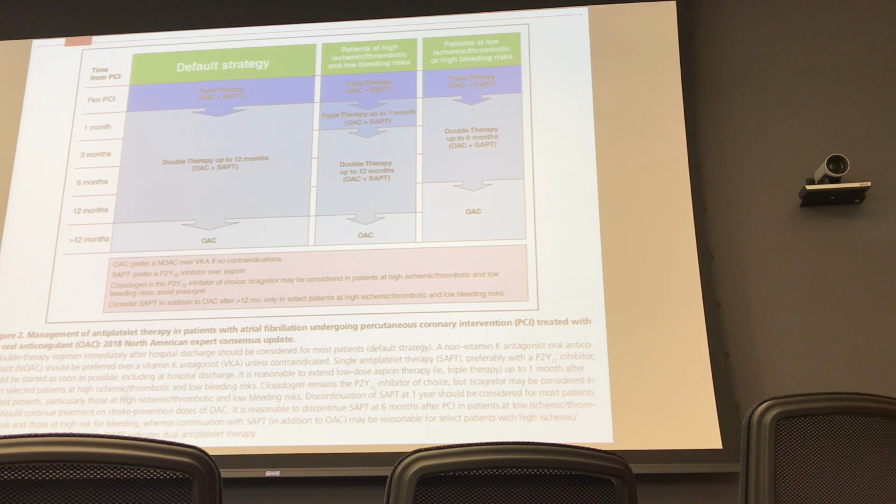And then it goes into kind of all the reasons why we would do it, gives you the rationale. It's a very nice paper. I highly recommend saving it to your nerd files. You will definitely reference it next year at some point or another. So what it talks about is your default strategy here versus patients at a high ischemic thrombotic risk versus a lower risk.